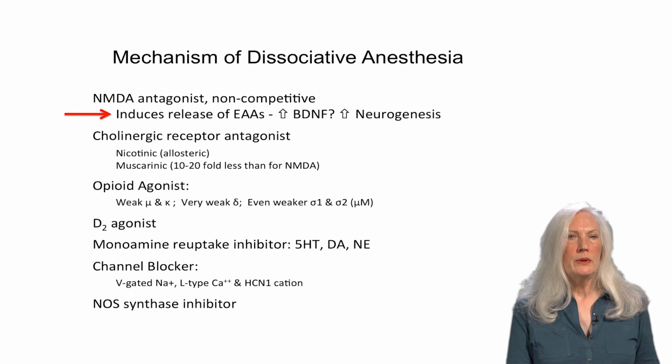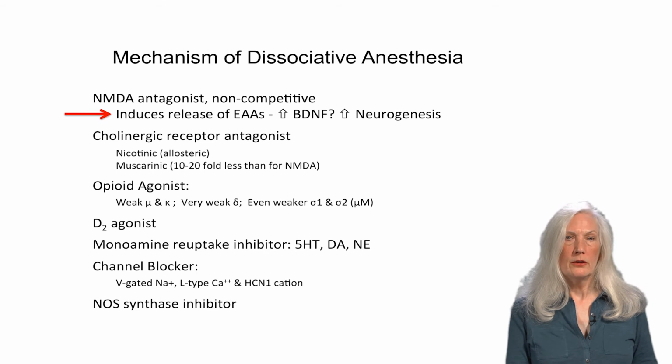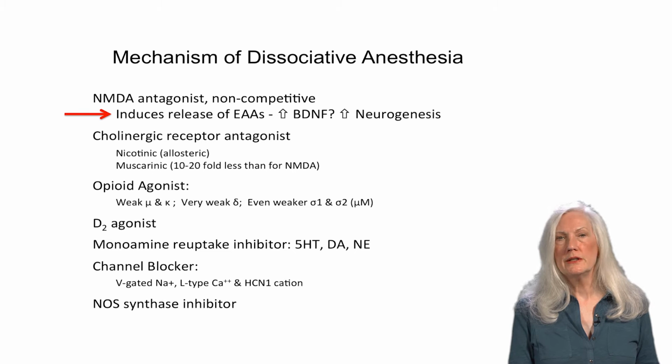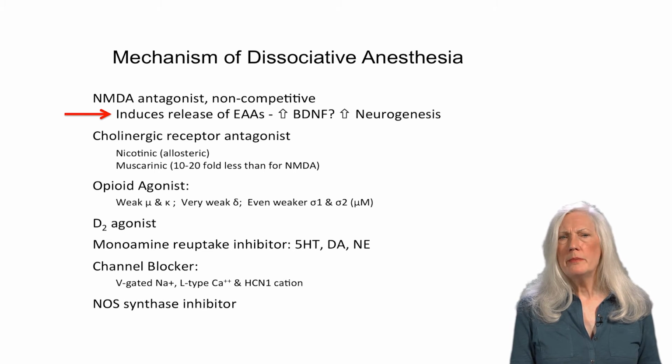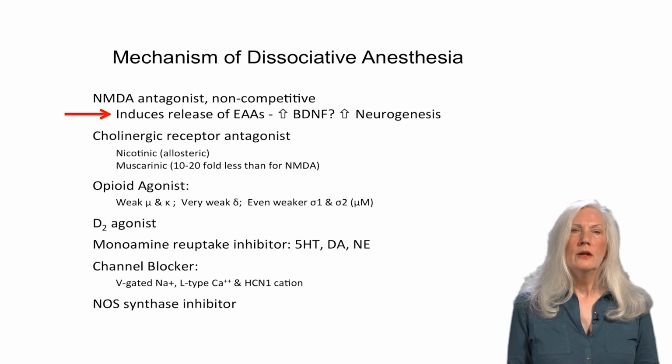This is thought to underpin their antidepressant effect. Excitatory amino acids increase BDNF, a growth factor that enhances neurogenesis, that is, the production of new neurons. This happens especially in the area of the hippocampus, an area involved in memory and depression.